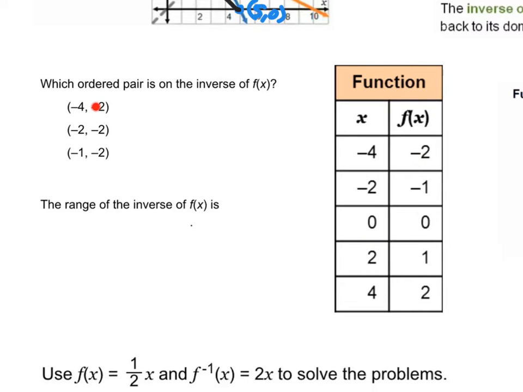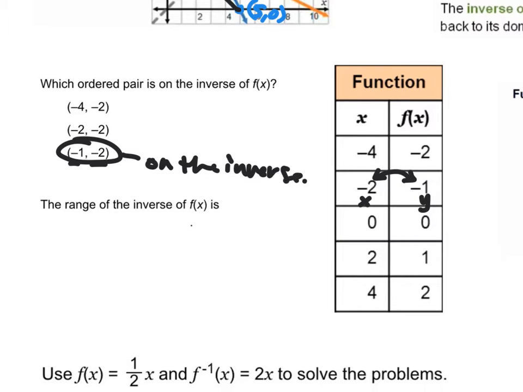We don't have the point -2, -2, but what I do have is -1, -2. Notice how this is a y value and this is an x value, and we've switched them to get the point -1, -2. This is the point that we want.